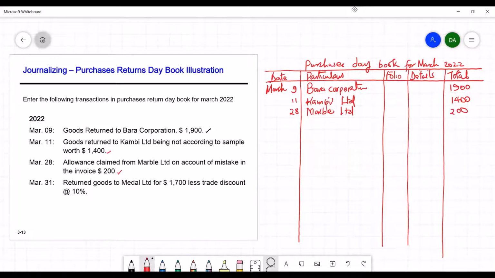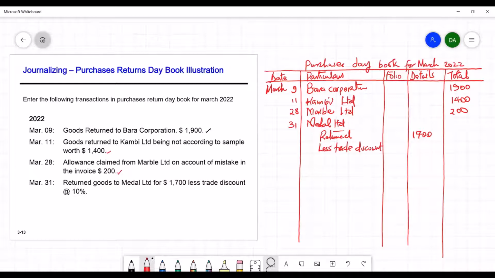And lastly, on 31st March, return outwards to Medal Limited, where the amount returned is $1,700, less trade discount of 10%.